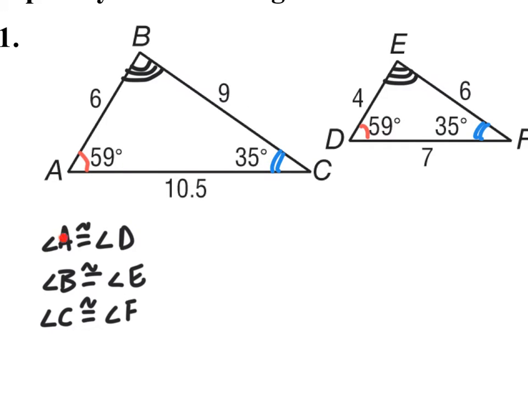A corresponds with D, B corresponds with E, and C corresponds with F, because they're in the same position. Angle A is in the bottom left corner, and angle D is in the bottom left corner. It might not always look just like this, but that's the idea.